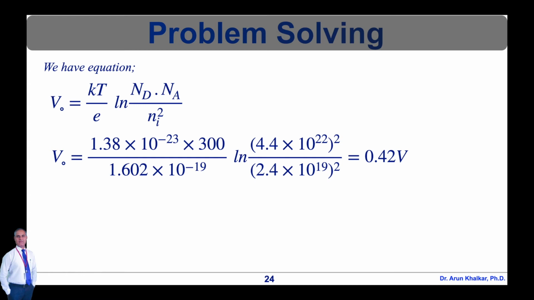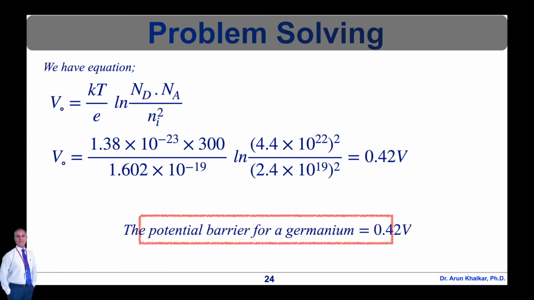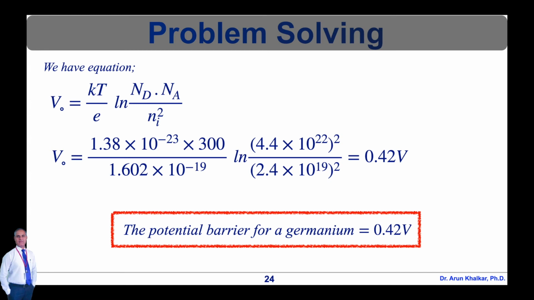Therefore, after calculating this, we get the final value 0.42 volt. Therefore, the potential barrier for germanium is 0.42 volt. So this is the solution of this problem.